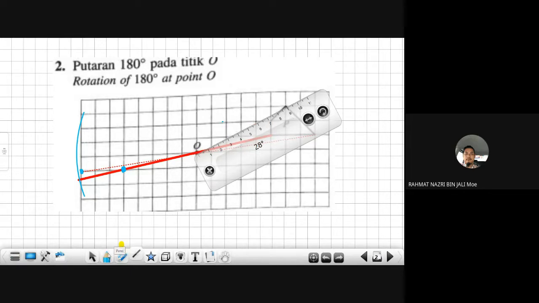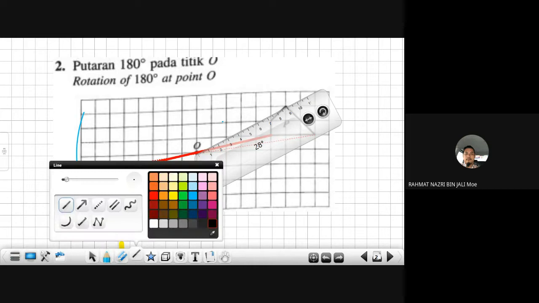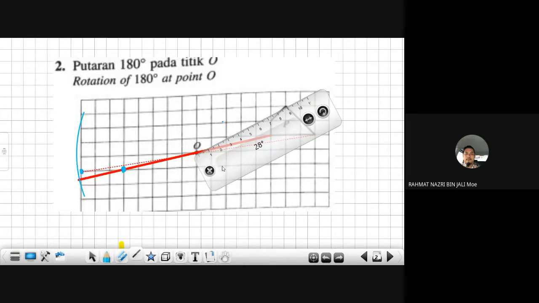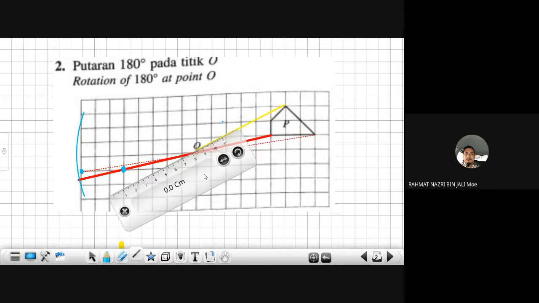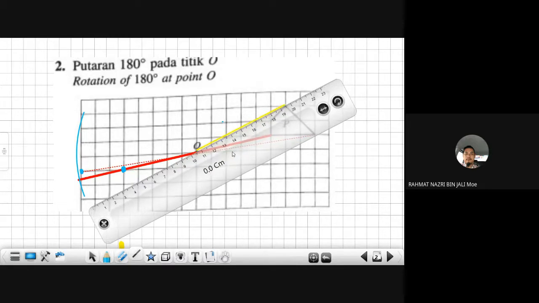The color line. Okay, this yellow. Okay, because of 180, we can draw the longer line passing through the center.